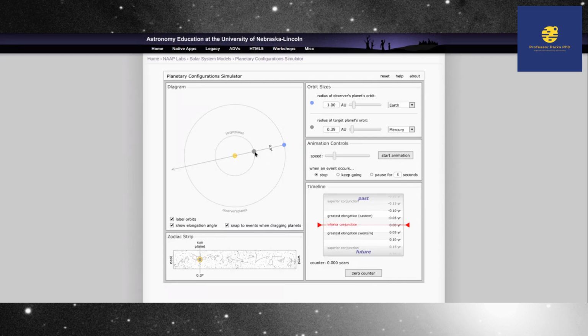And I'm going to manually move Mercury so that here you can see that this arrow points towards the reference point, or where Mercury is relative to a background star. And so I'm going to move it around, and I'm going to do this by eye, and roughly there.